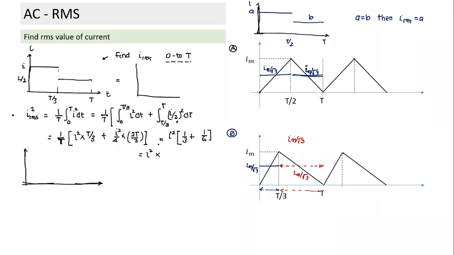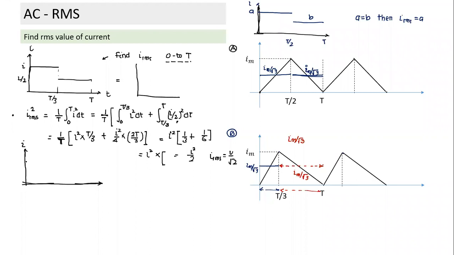Sorry, I square. Okay, T gets cancelled. This is IRMS.